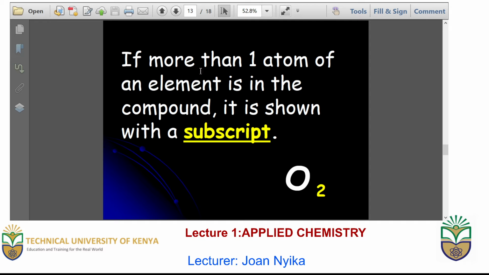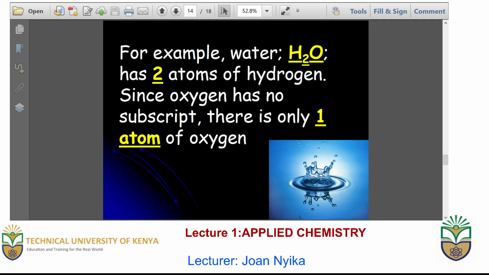However, if more than one atom of the element is in a compound, it is shown using a subscript. Look at the case of oxygen, and other examples include nitrogen gas, carbon dioxide, hydrogen gas, and you can look for other examples from the periodic table.